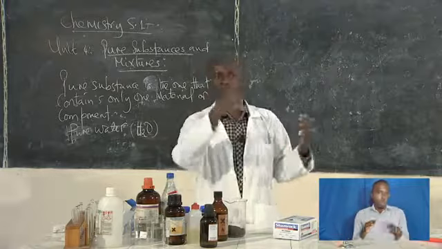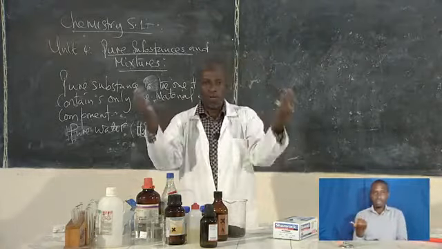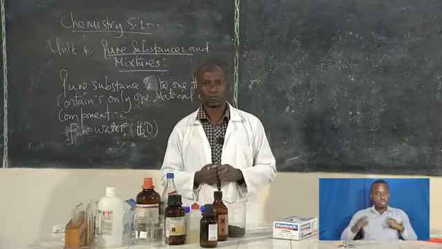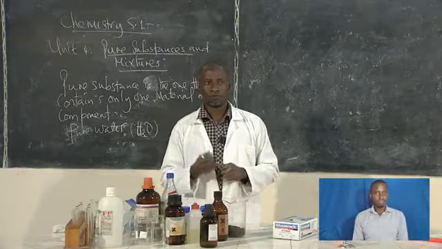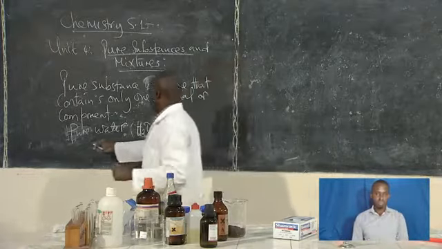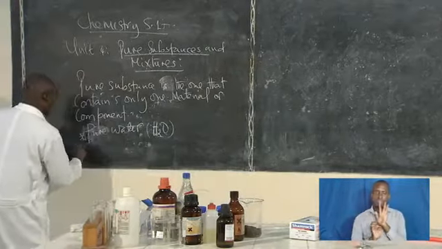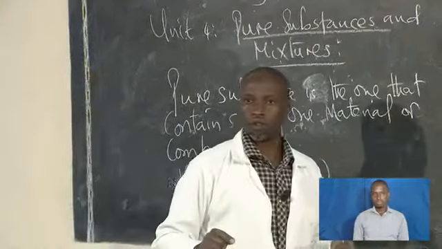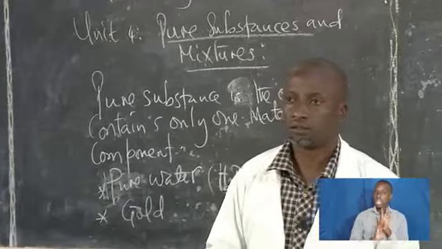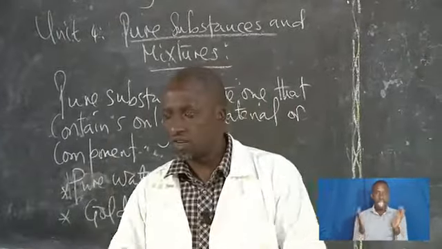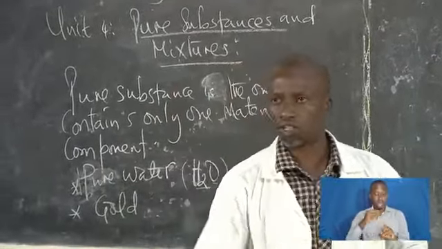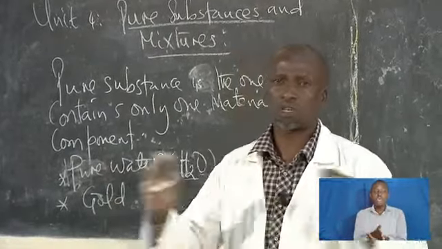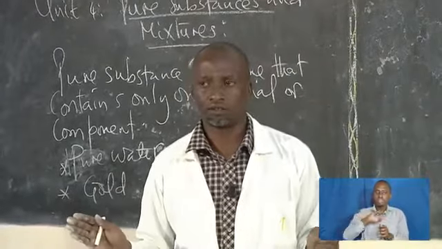Or you can give other substances that you may think also exist in nature as pure substances. Let's give another example. You can have gold. Gold is an element, and even though it is found under the earth's crust, it is found in its pure form, not mixed with any other substance.